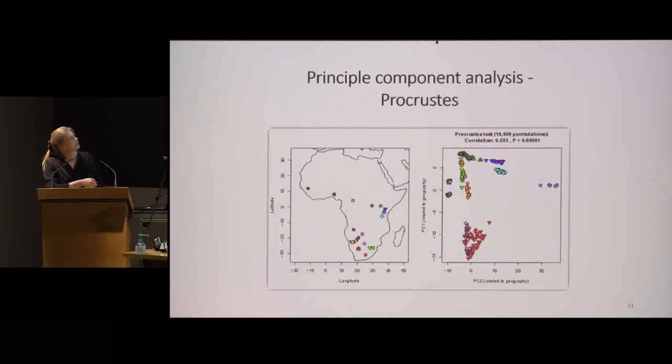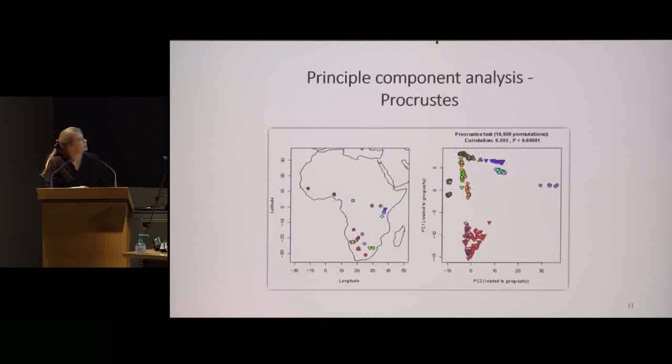These green dots are all West African populations, for instance Yoruba from Nigeria and so on. And these blue dots are East African populations. So you can see that principal components 1 and 2 represent a north-south axis in Africa and also an east-west axis. It doesn't always correspond.